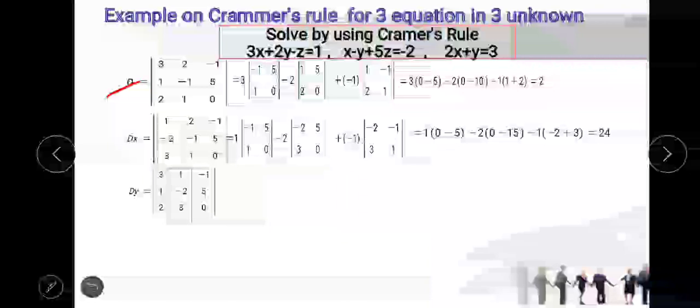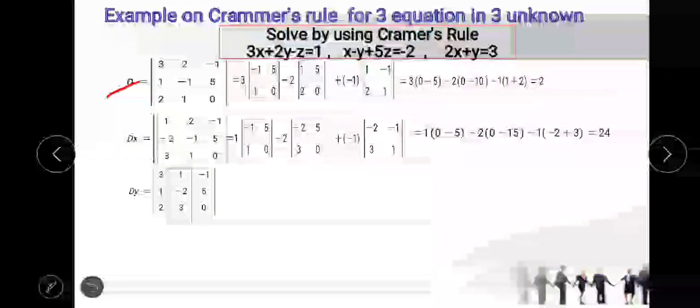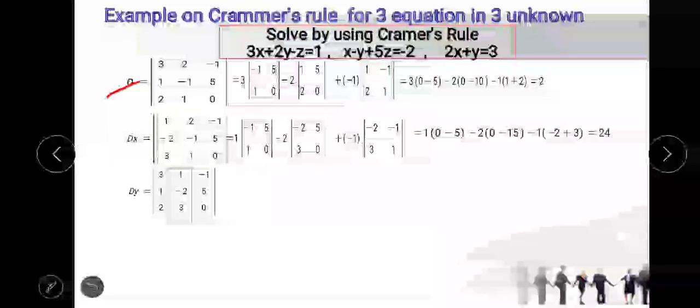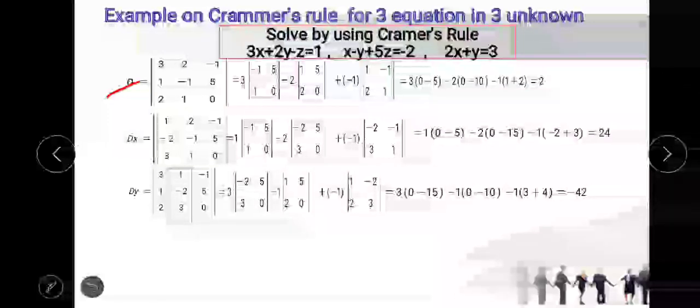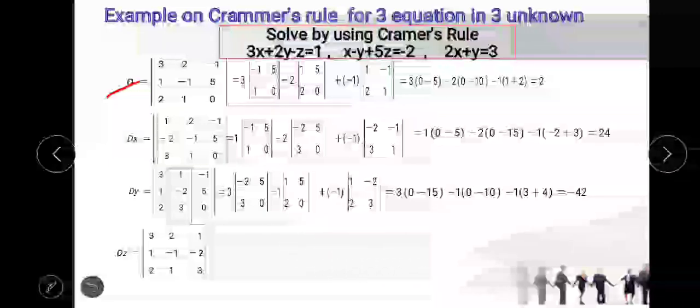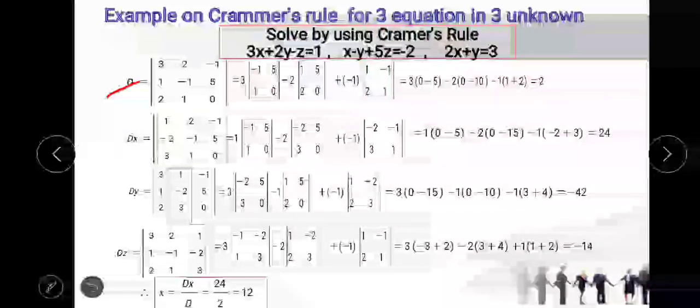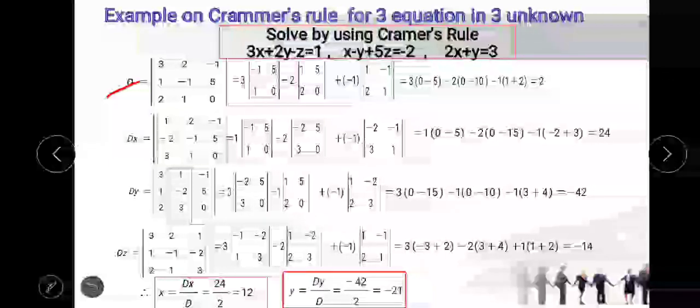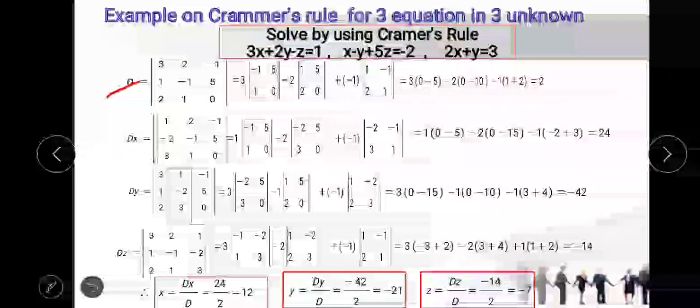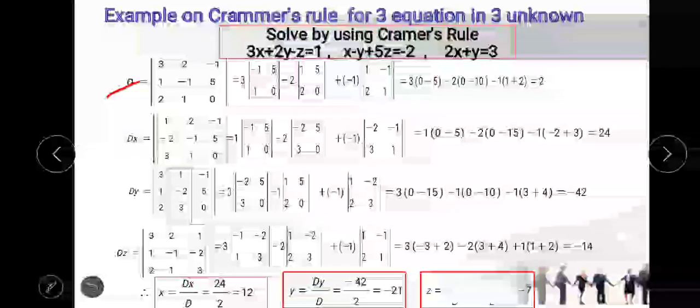For getting dy, just replace the second column in the determinant d by the constants on the right hand side. And for dz, just replace the third column of determinant d by the constants on the right hand side of the equations. So like this, we get x is equal to dx by d, that is 12. Y is equal to dy by d, that comes out to be minus 21, and z equal to dz by d is minus 7. So 12, minus 21, minus 7 is the required solution of this system of equations.